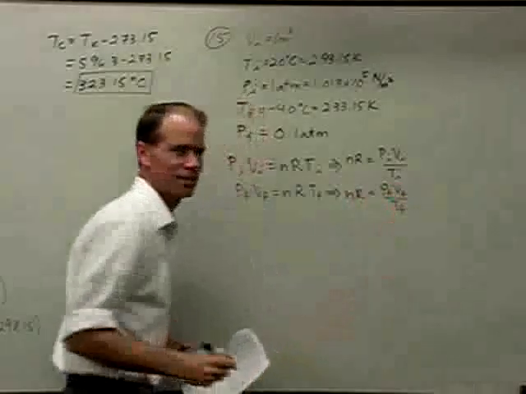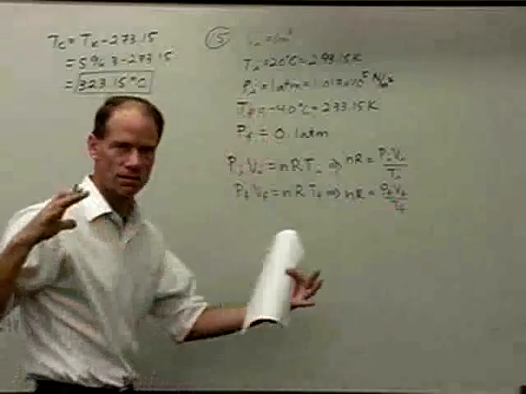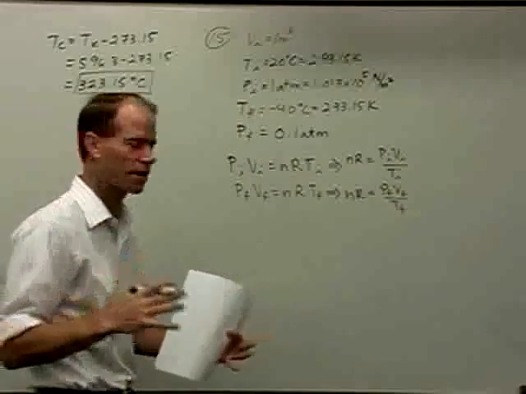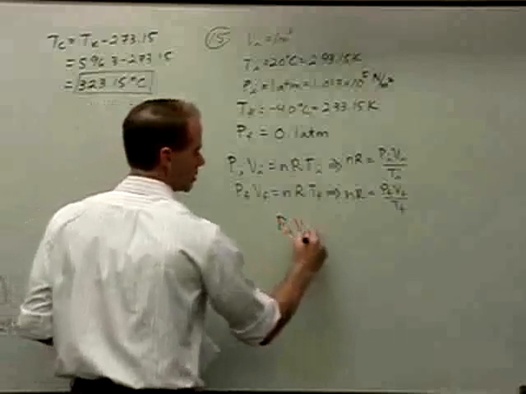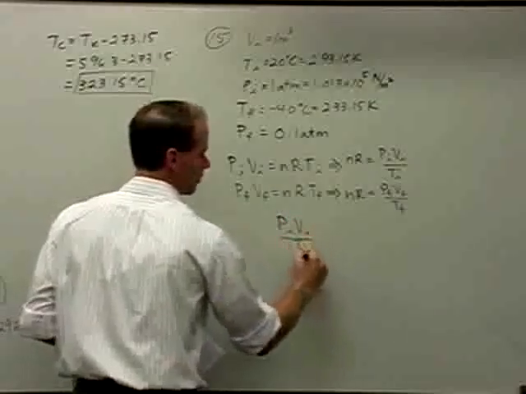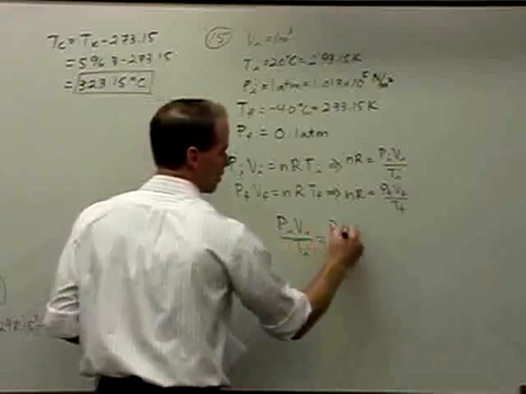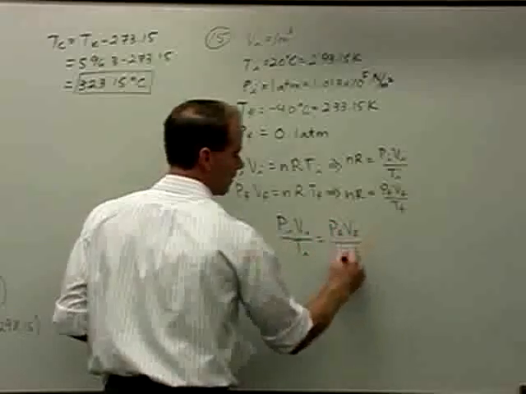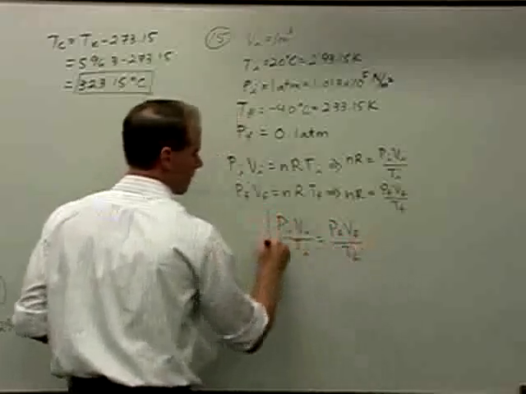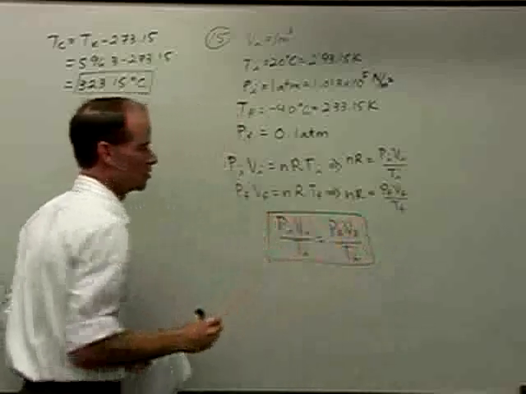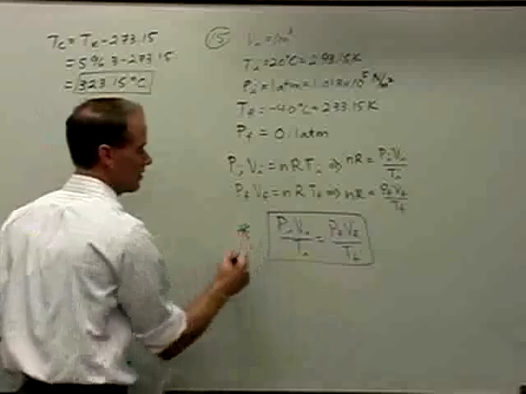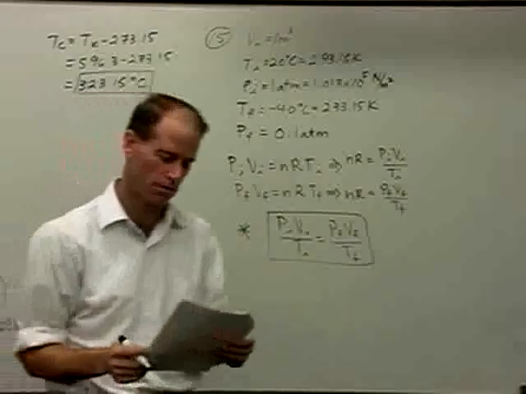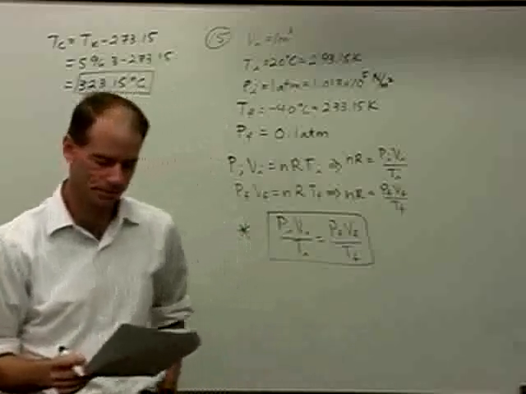In other words, if we have a closed container with the same amount of gas, it is true that P initial, V initial over T initial equals P final, V final over T final for a closed container. We'll use this quite a lot, so let's save that formula for future reference.